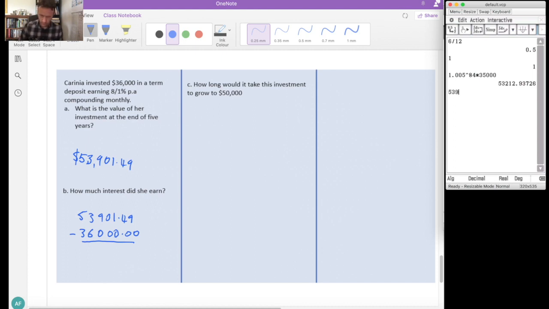So 53,901.49 subtract 36,000. So she's earned $17,901.49 interest.